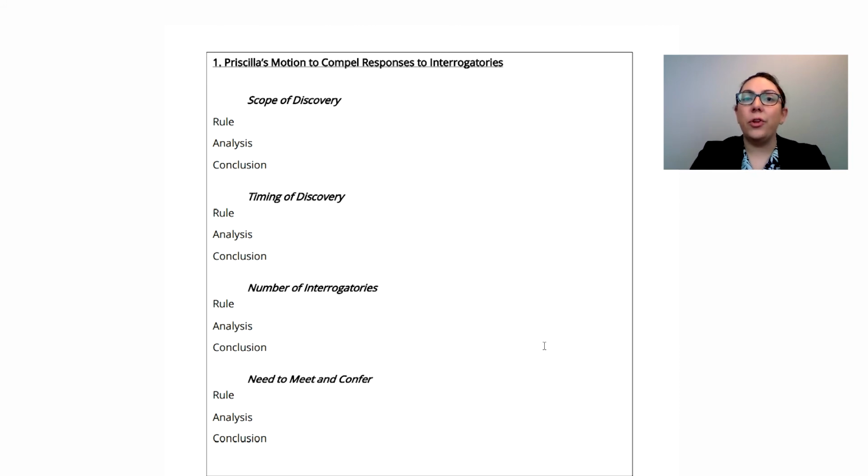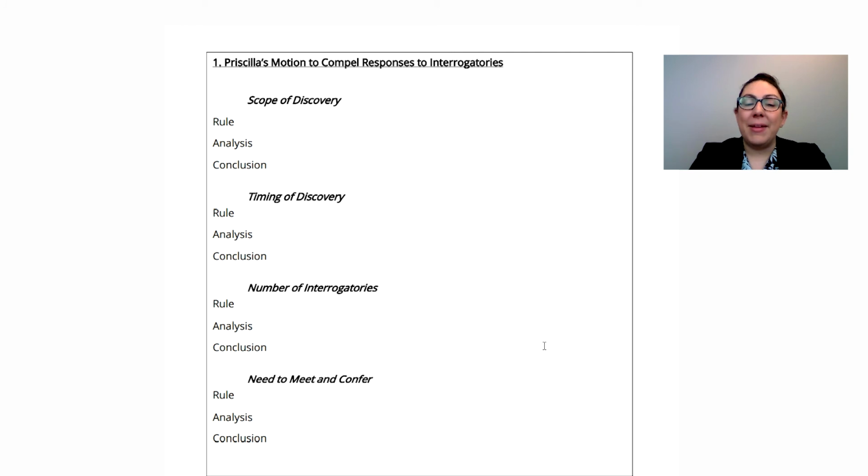Now, certainly you could incorporate all of these different rules into one giant rule paragraph and discuss all of this at once. And that would get all of the information on the page. But you're making this a lot harder on the grader.